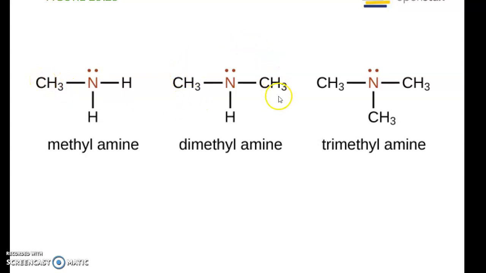Here you have two different carbon groups on that, and so this is a dimethylamine. And this right here, with three of them substituted for the hydrogens, would be a trimethylamine. So an amine essentially is a carbon group with a nitrogen with 0 to 2 hydrogens associated with it.